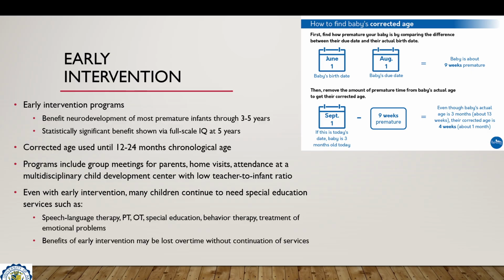Even with early intervention, many children may continue to need special education services like speech-language therapy, physical therapy, occupational therapy, special education, behavioral therapy, or treatment of emotional problems. The benefits of early intervention may be lost over time without a continuation of services.